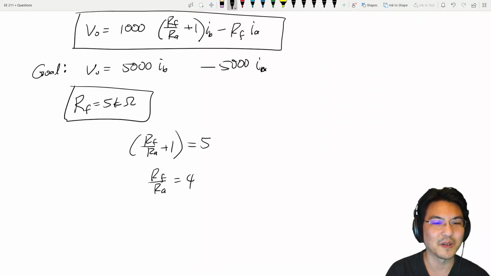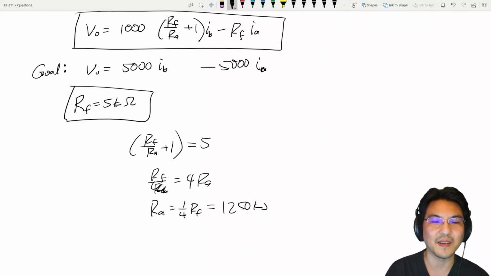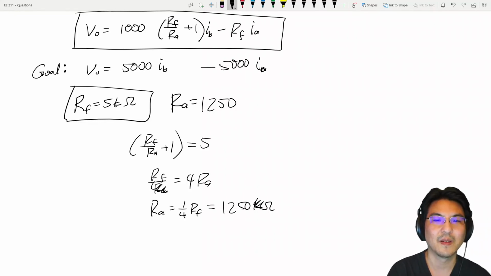RF equals 4 RA. Or maybe the other way around. RA equals 1/4 RF. And then RF was 5K, so what is that? 1250? 1250, okay. All right, so RA we want to be 1250 ohms, right? And then RF is 5,000 ohms. I'll just write 1.25K maybe.